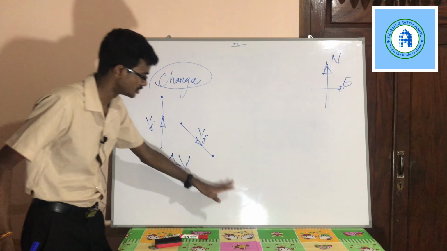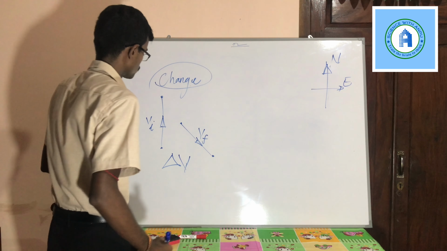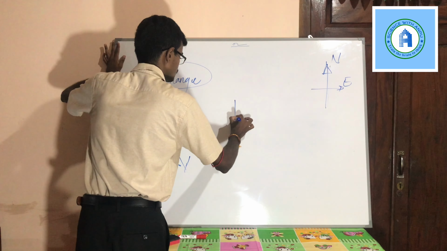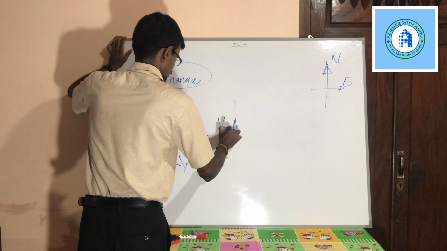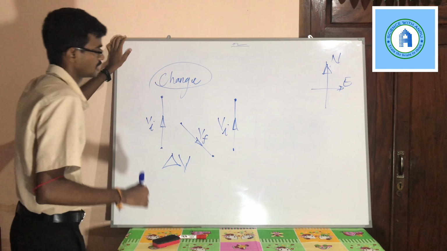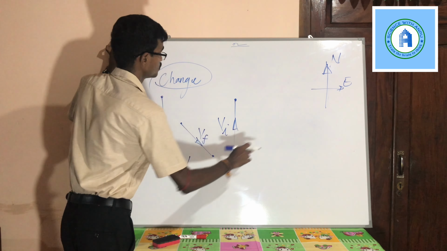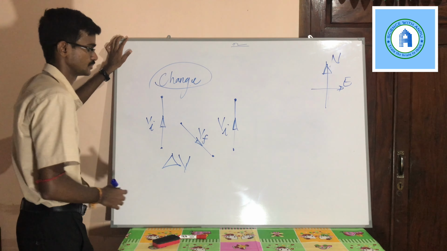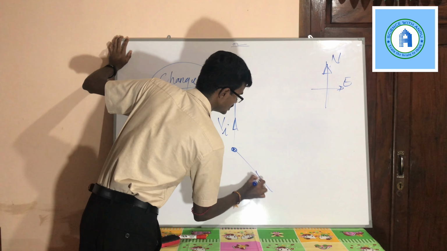So there is also a proper way to find out the change. As we did before, we have to draw the first vector vi, the initial velocity. Before, we drew the vectors continuously, then vf here, but for the change we can't do like that. From the starting point we have to draw this vf.